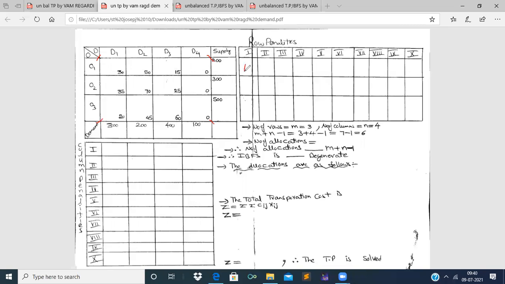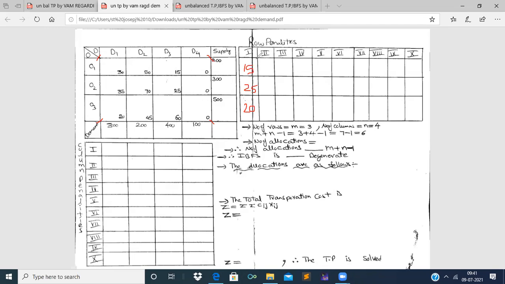Therefore, 15 minus 0 is 15, right? Next, in the second row, also the first least cost is 0 and the next least cost is 25, so the penalty is 25. And in the last row, the first least cost is 0 and the next least cost is 20. Therefore, 20 minus 0 is 20.